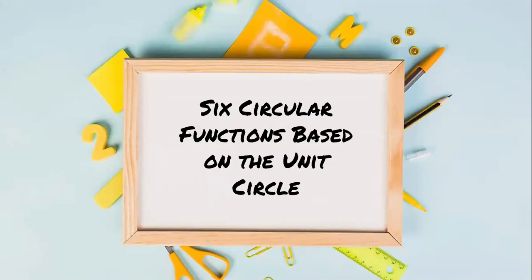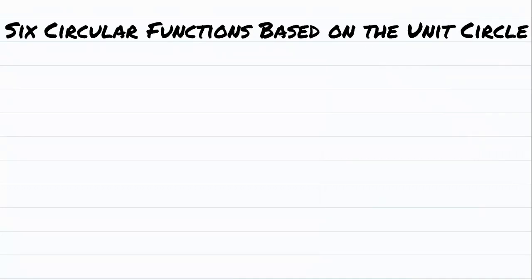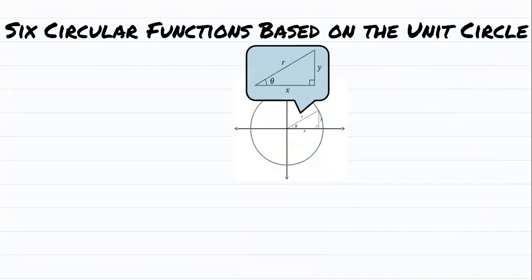Let's look at the six circular functions based on the unit circle. So what are these six circular functions? This is our unit circle, and let's enlarge that. We have there a right triangle having your x and then the y and then the radius and the theta. First we have your sine. Recalling the trigonometric identities, sine theta is equal to opposite over hypotenuse.